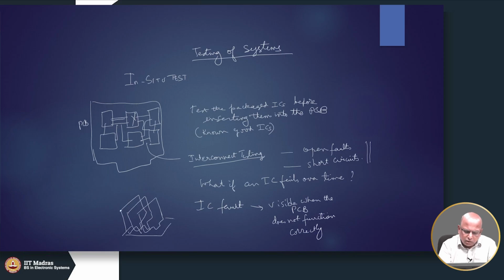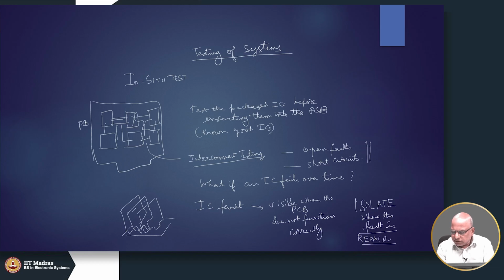So, you see the fault could be anywhere, it could be in any one of these PCBs, and it could be in any one of the chips inside this PCB. So, we have to isolate where the fault is. Then we may be able to repair the system.